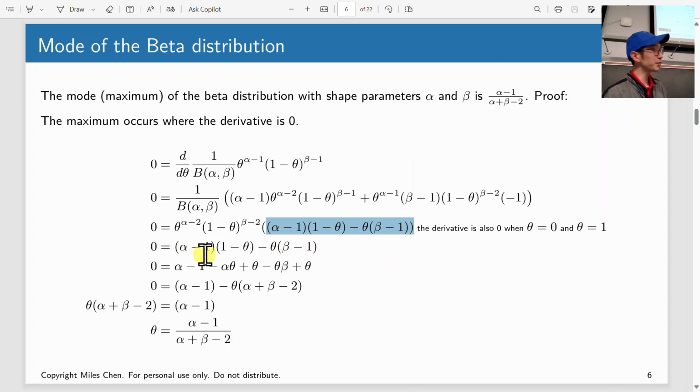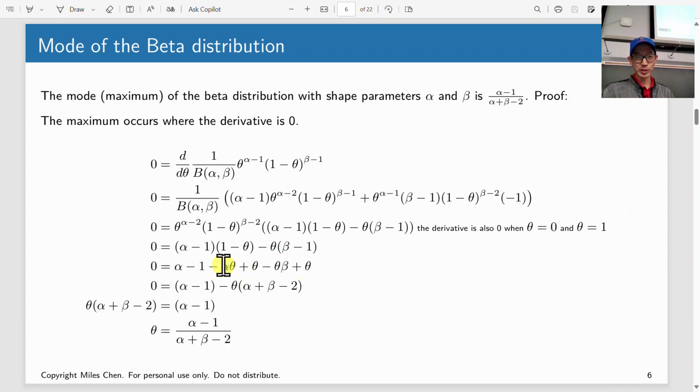And we're just really going to solve for where this part is equal to 0. Okay, so I've got alpha minus 1 times 1 minus theta, minus theta times beta minus 1. Multiplying all of this together, first, outer, inner, last, we get alpha minus 1 minus alpha times theta plus theta minus theta times beta plus theta, and so you can gather all of your terms together.